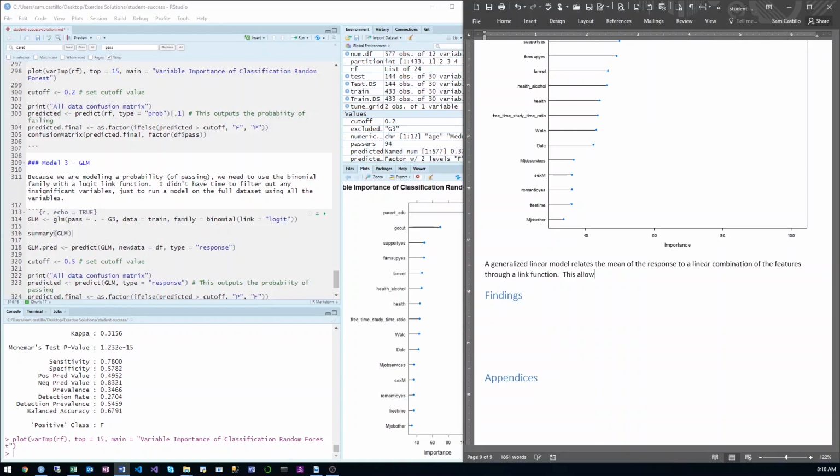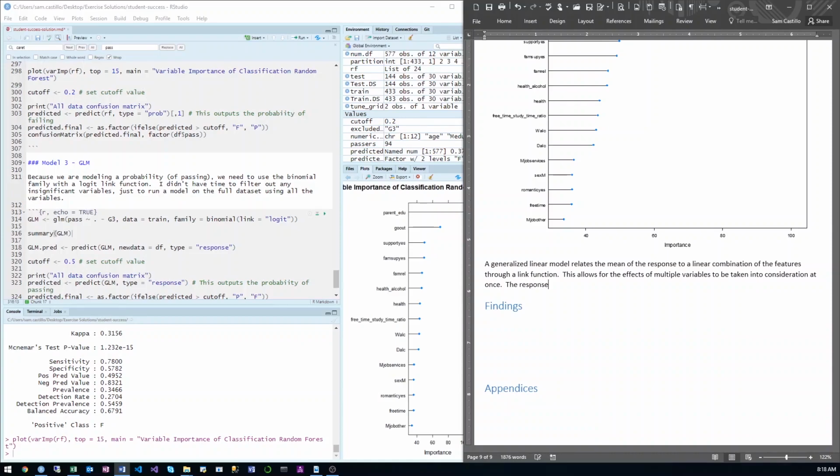This allows for the effects of multiple variables to be taken into consideration at once.